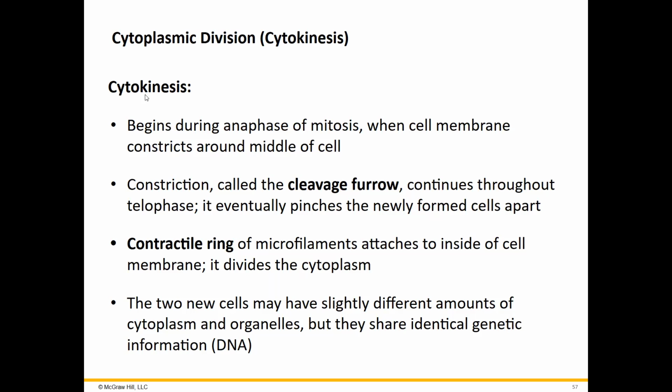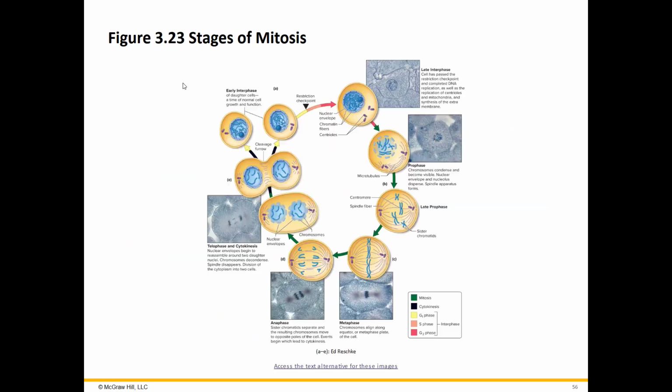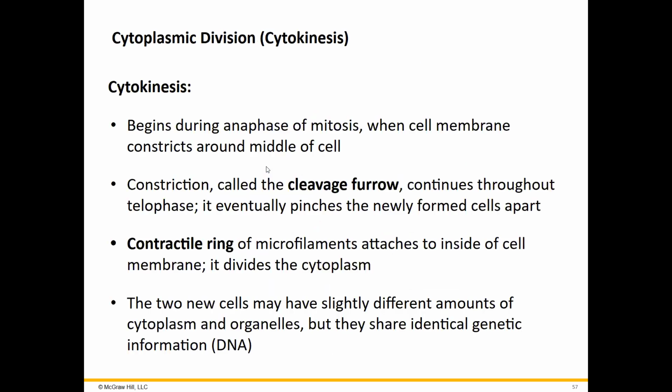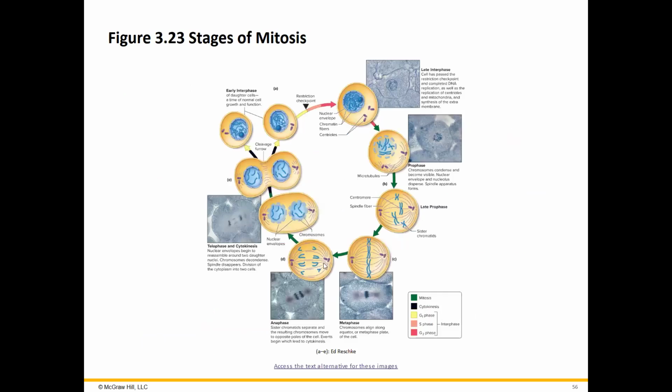So again, the cytokinesis phase is when we separate the cell membrane, okay? It technically begins in anaphase. As we start pulling the chromosomes aside, that's technically when the membrane starts to create this contraction that we call a cleavage furrow.